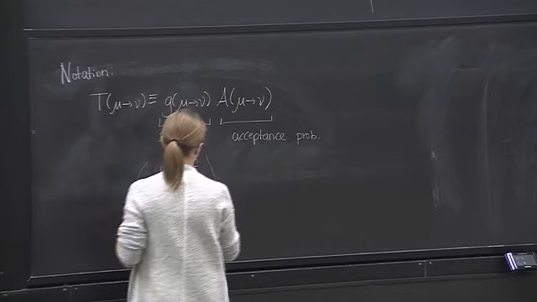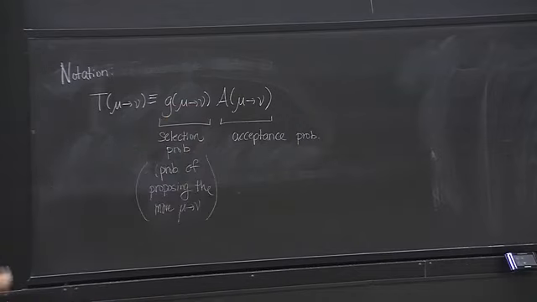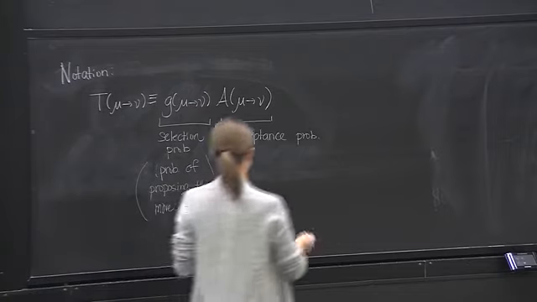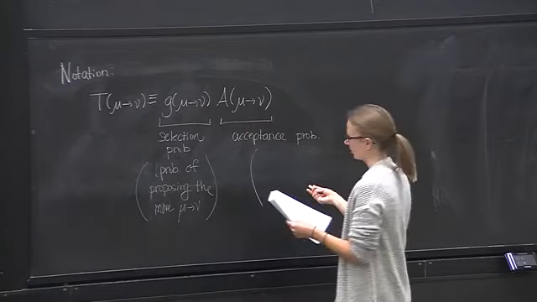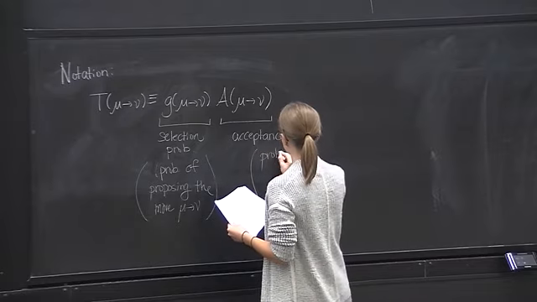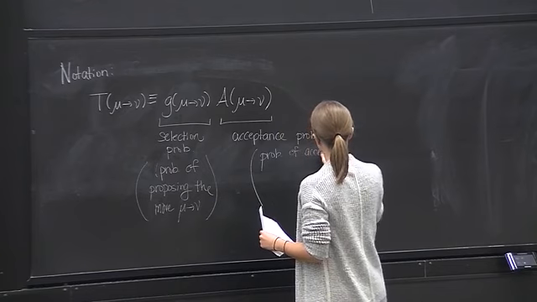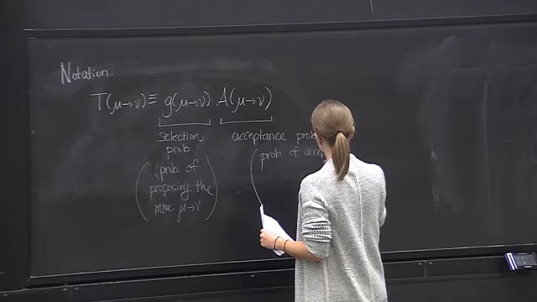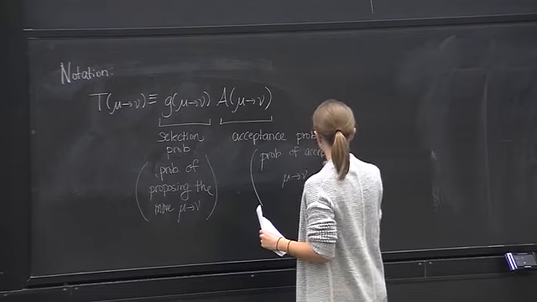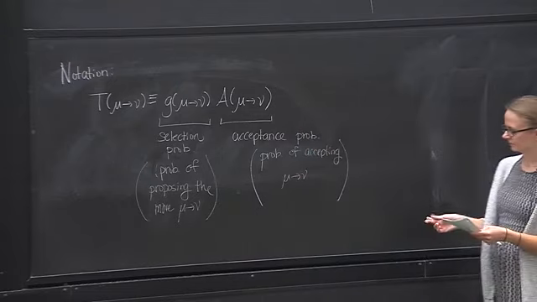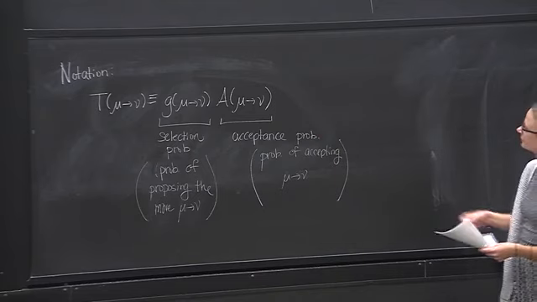When I say selection, it means the probability that my algorithm will propose the move. And then the acceptance probability is whether I actually accept it after it's proposed.